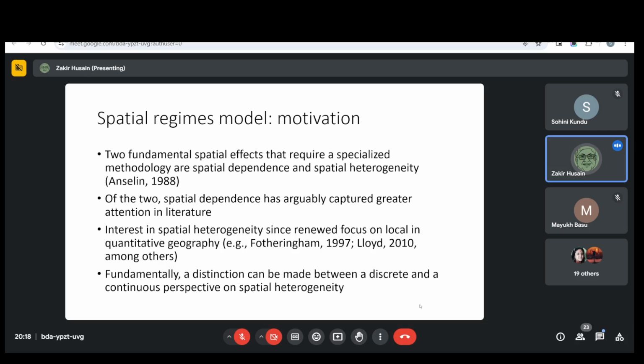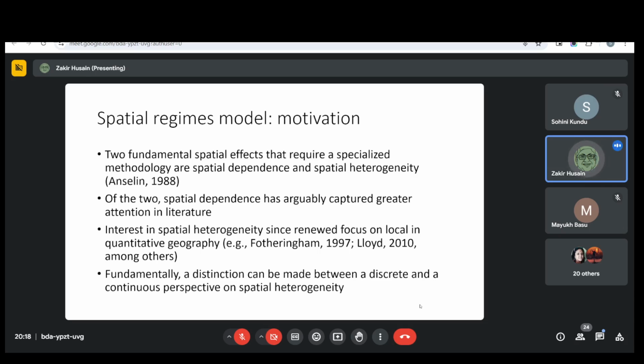Spatial heterogeneity, on the other hand, as I've said at the start of the lecture, is a situation when the relation between y and x changes between clusters, not between regions, but between clusters. Well, at the start, let us assume that it varies across regions.